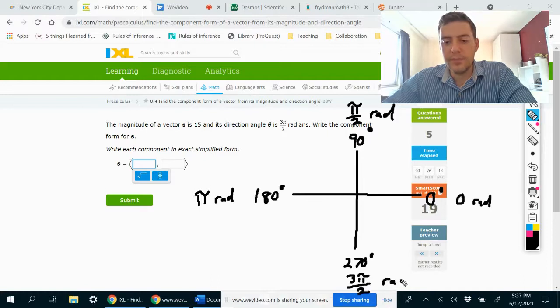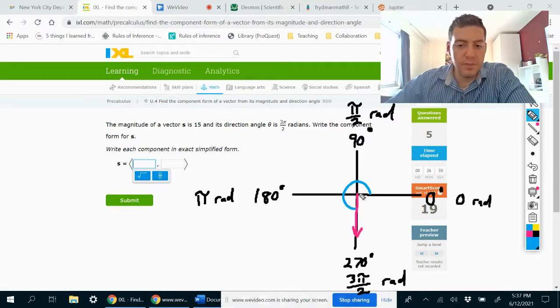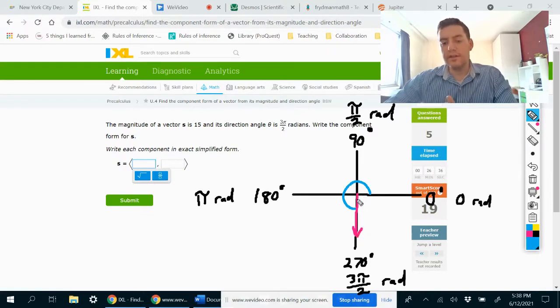So we're talking about a vector here which is pointed down like this. The direction angle is 270 degrees, or 3 pi over 2 radians. Which means that the vector would be pointed down and the magnitude is 15. This vector here has no horizontal component, so the horizontal component would be 0.